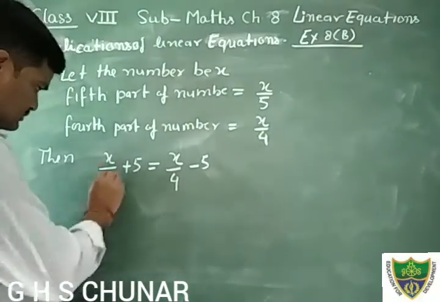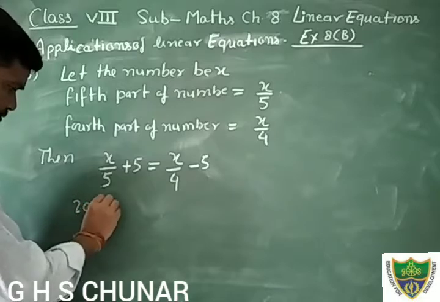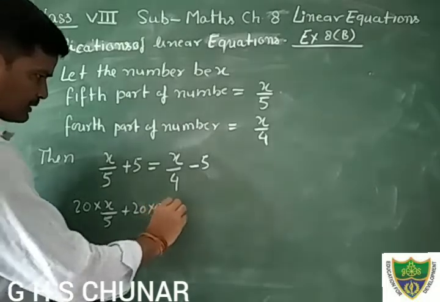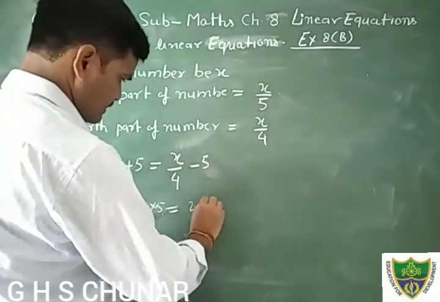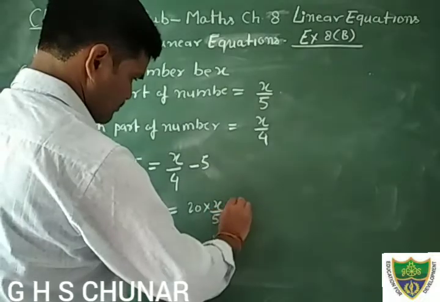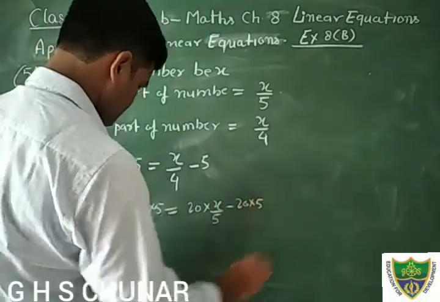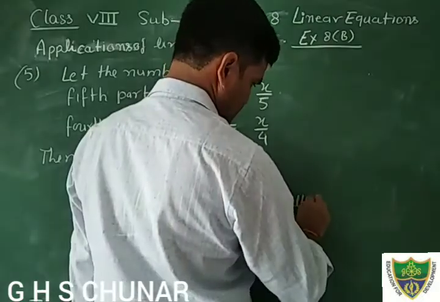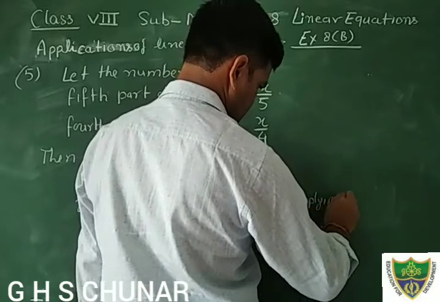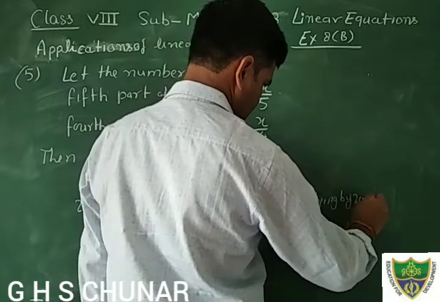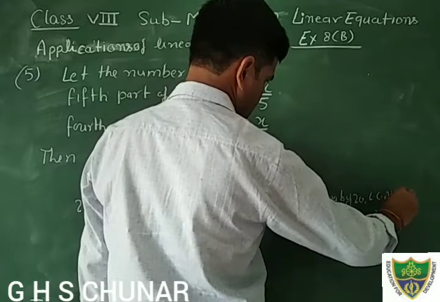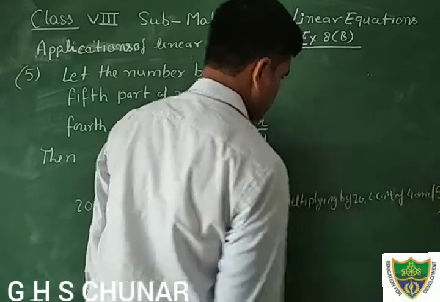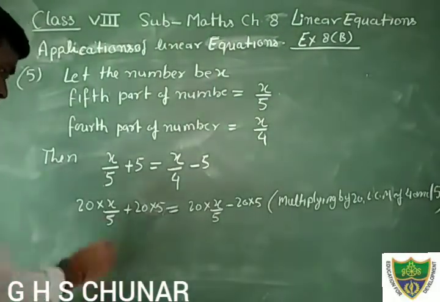That is 20 into x upon 5 plus 20 into 5 is equal to 20 into x upon 4 minus 20 into 5.